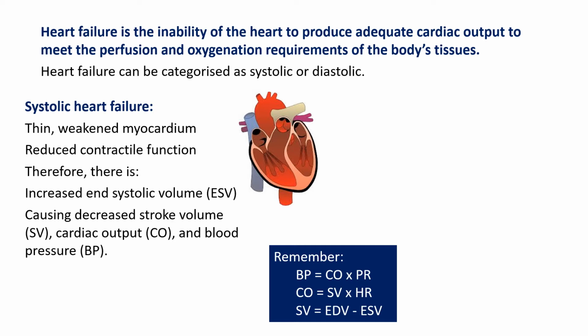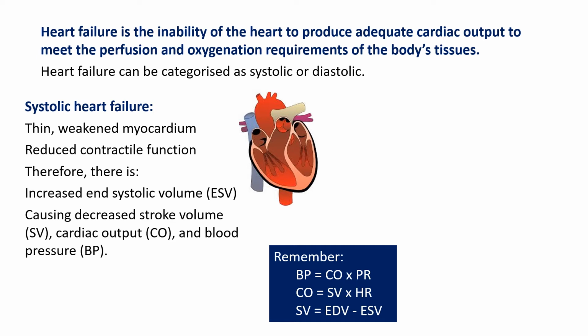Remember that contractility is about pushing out the blood, leaving as little as possible inside the ventricle. If you can't push it out, if you can't contract hard enough, then you will have more left in the ventricle. In other words, increased end systolic volume.